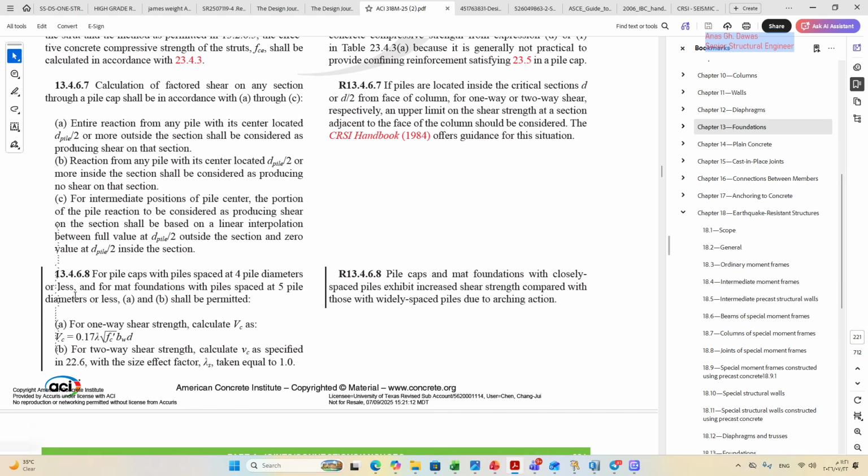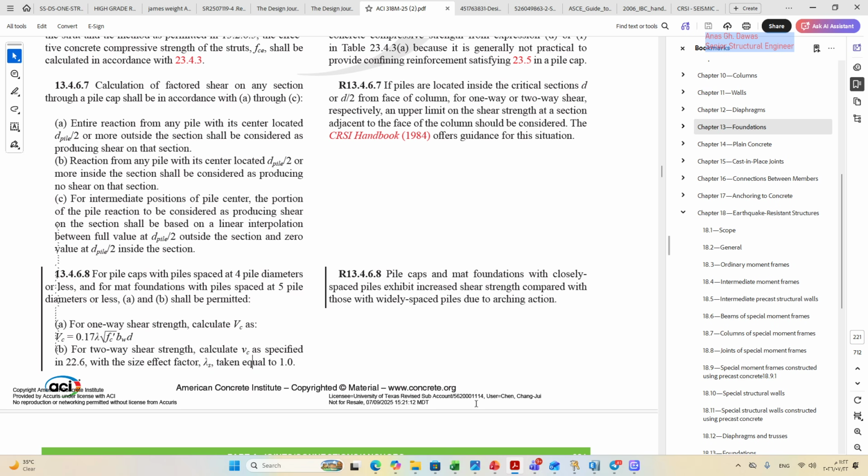As you can see here, for pile caps with piles spaced at 4 pile diameters or less, and for mat foundations with piles spaced at 5 pile diameters or less, A and B shall be permitted. You can use this equation for 5C, and also the size factor equal to 1. In fact, this is a very serious provision that all engineers must recognize. Why?